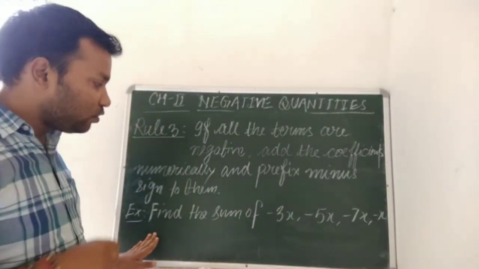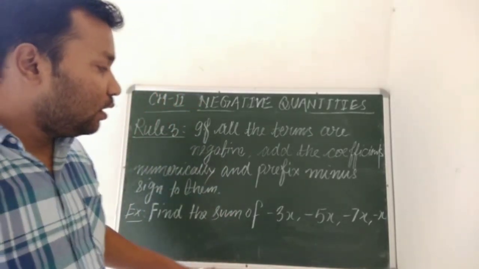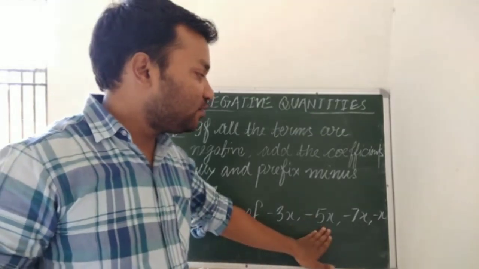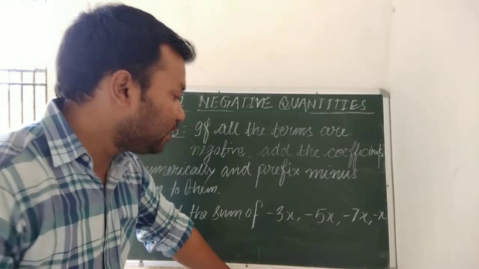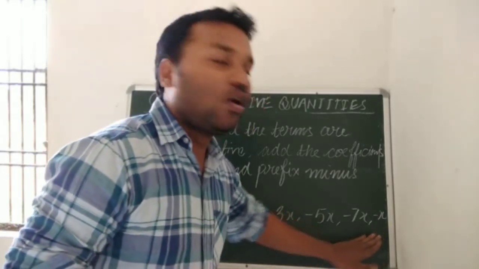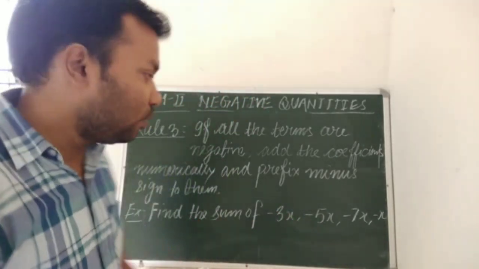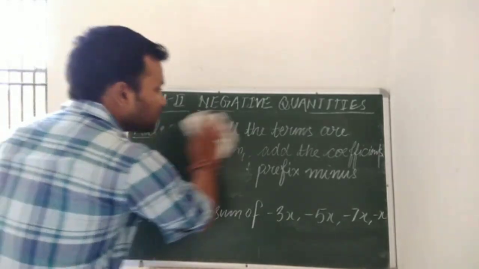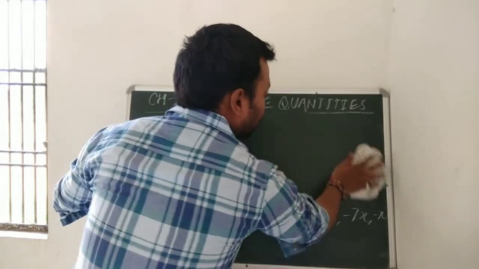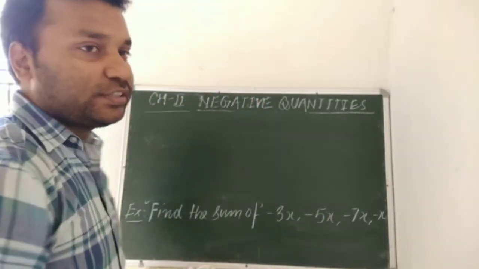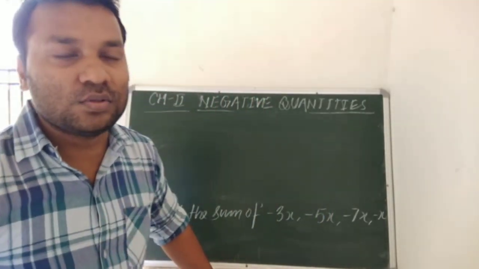Suppose that we have to find the sum of minus 3x, minus 5x, minus 7x and minus x. As you can see clearly here, all the given terms are of negative sign. So first of all, according to this rule, we will add the coefficients, but only their numeric values.